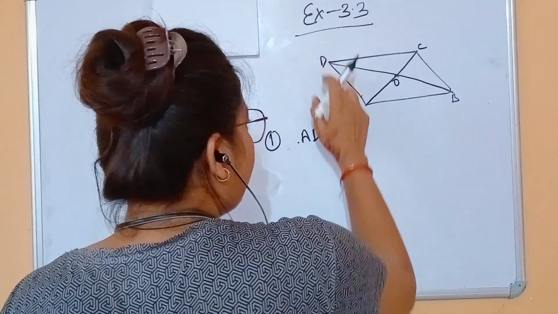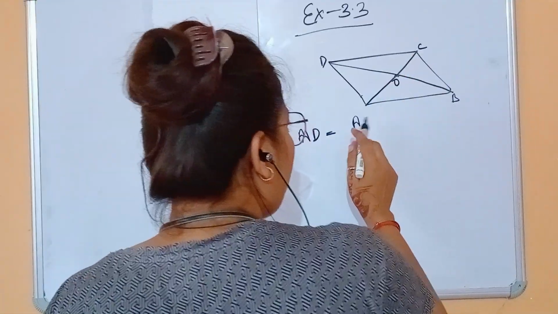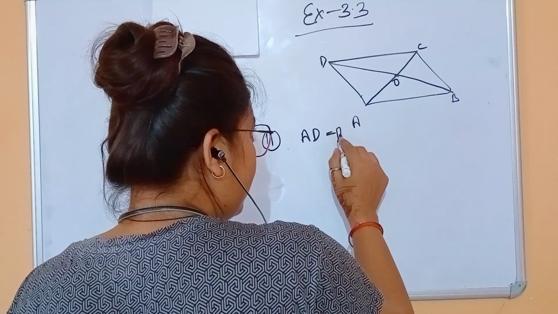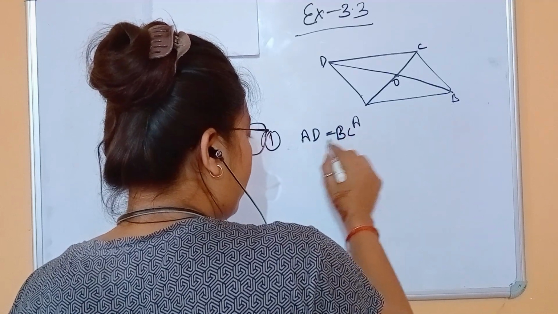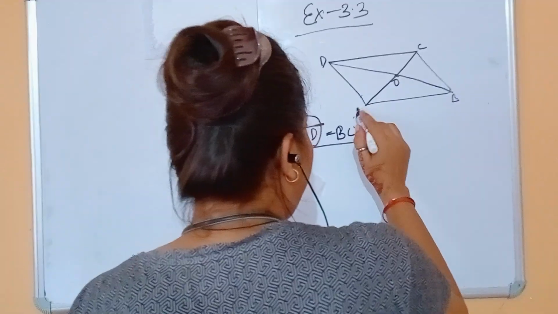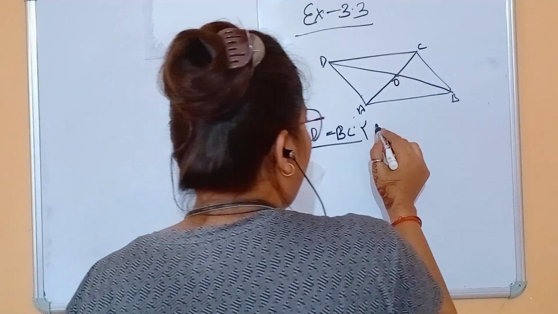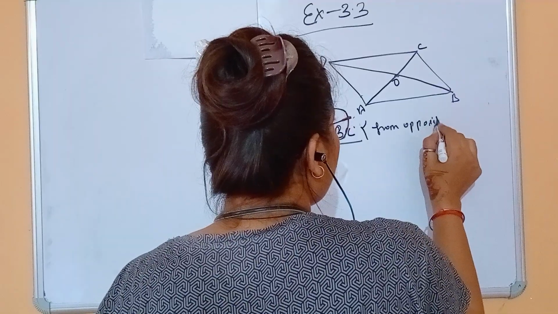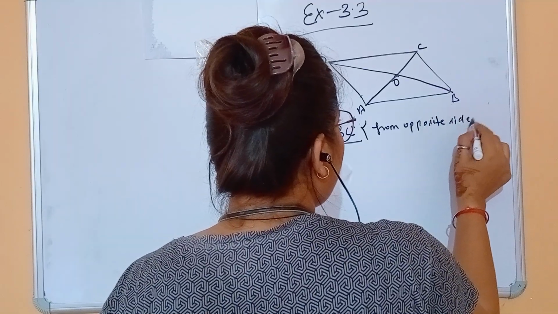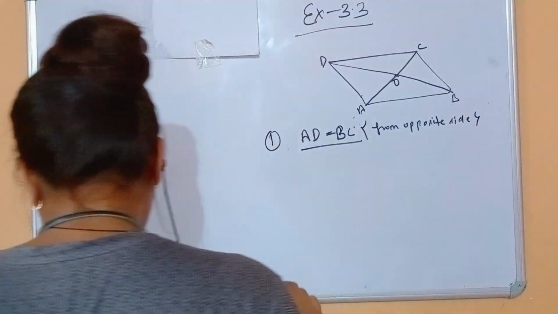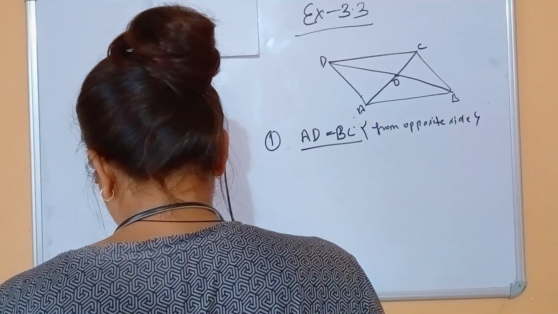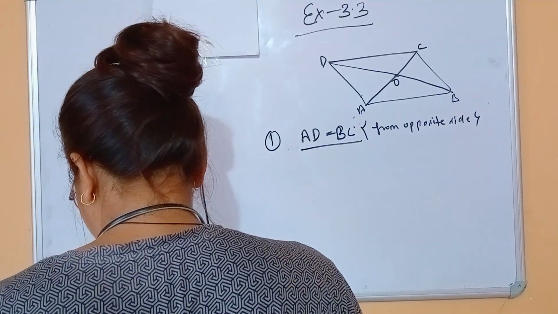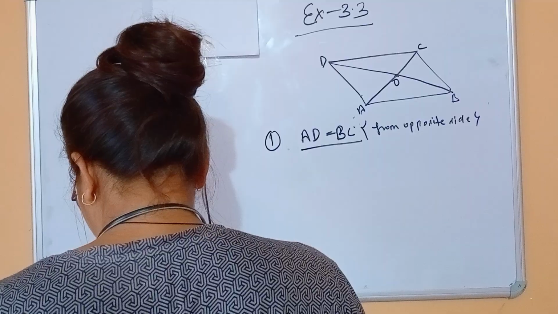That means AD is equal to BC. We know that by property AD is equal to the opposite side, so BC. How we find it, from the opposite side. Okay. So the second question says angle DCB. So first you write, then understand what it says about angle DCB.